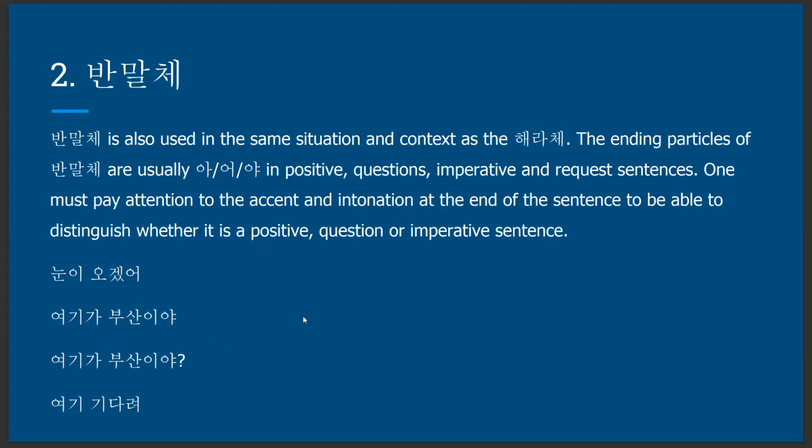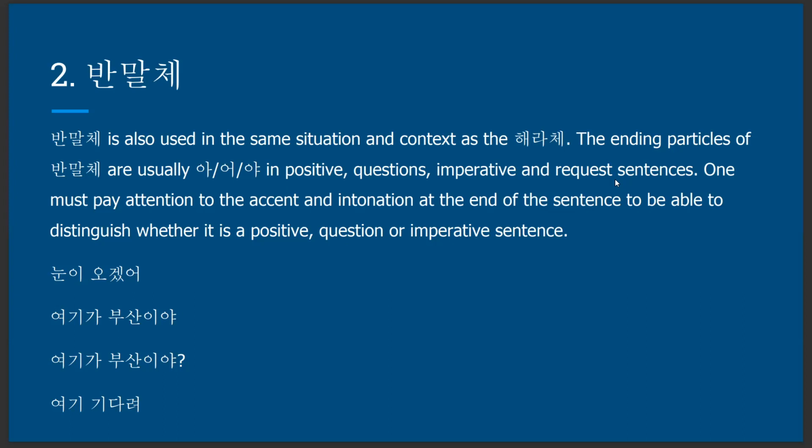And the second one is 반말체. It is similar to 해라체 and used in the same situation and context as 해라체. The particles are usually 아, 어, or 야 in positive, question, and imperative sentences. What you need to pay attention to is the accent and the intonation at the end of the sentence.